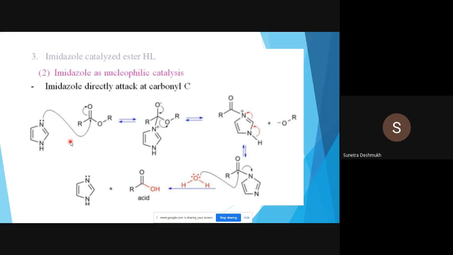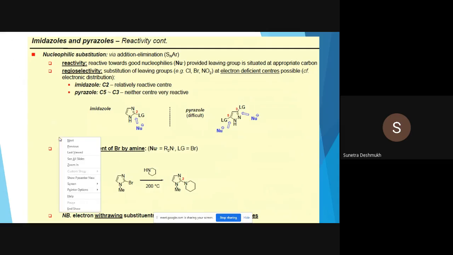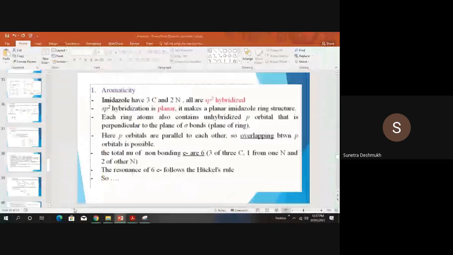They designed the imidazole molecule in such a way that they can generate carbenes at the C2 position, and they use these imidazole-derived NHC carbenes as catalysts in organic synthesis. So this is a very important molecule, imidazole.